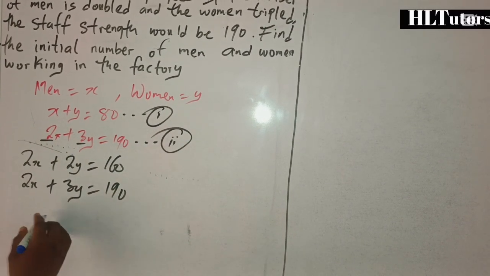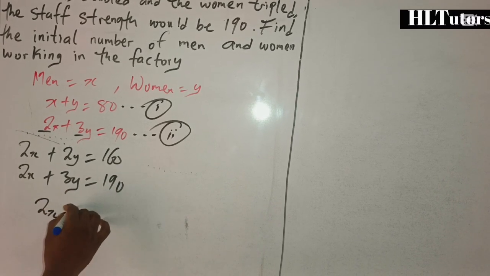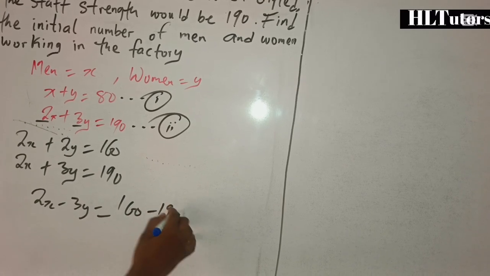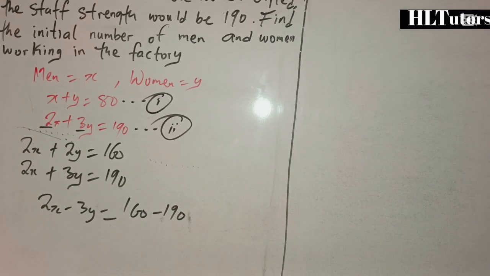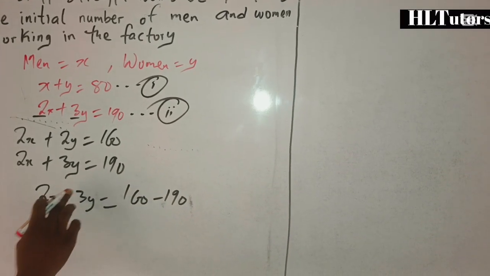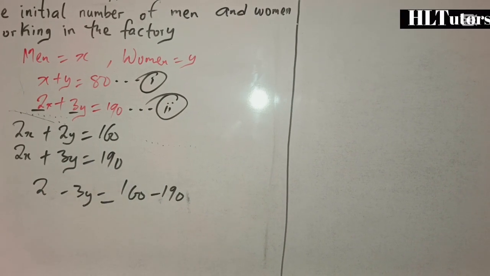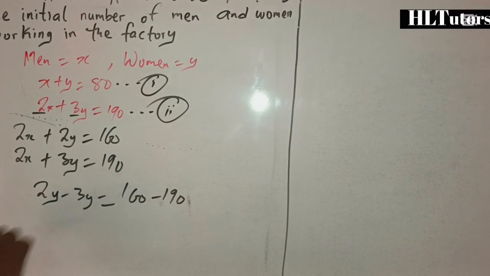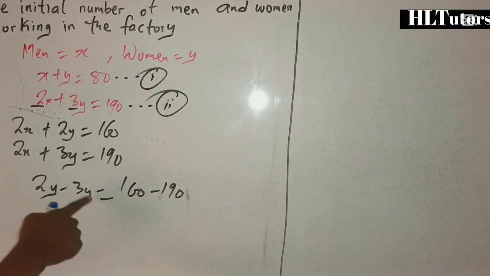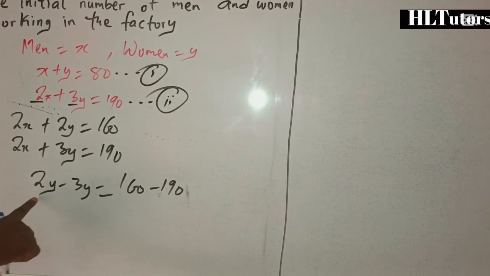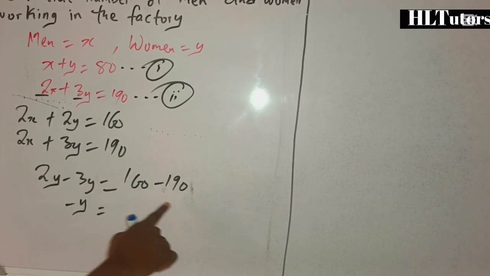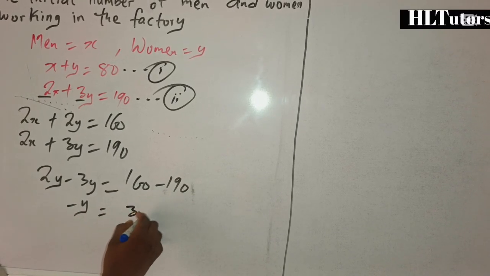Then over here, 2y minus 3y equals this minus this, 160 minus 190. 2y minus 3y gives me negative y, equals 160 minus 190, which gives me negative 30.